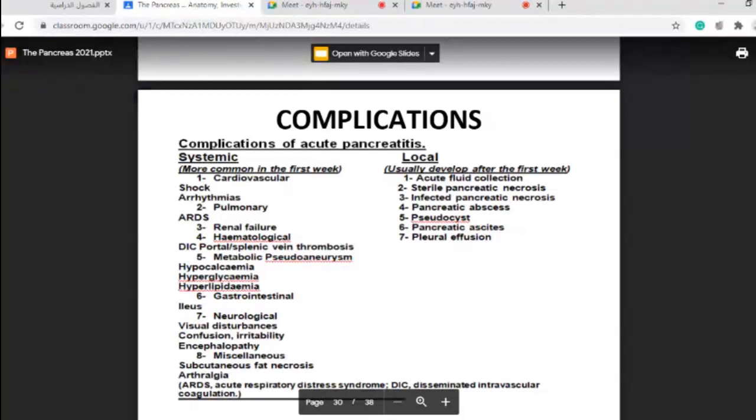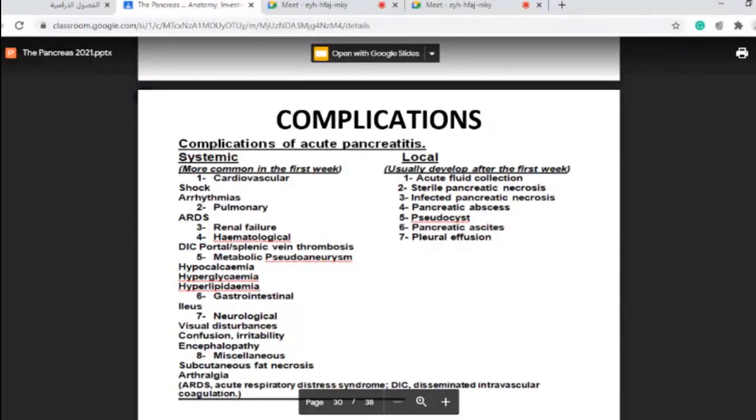DIC means there is consumption of the clotting factors in the blood. There may be bleeding, and at the same time, there may be thrombosis. Disseminated intravascular coagulation or coagulopathy, DIC. It is a very serious condition. Also, there are metabolic complications: hypocalcemia because of precipitation of calcium causing fat necrosis, as I told you.